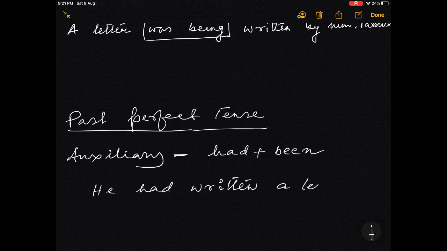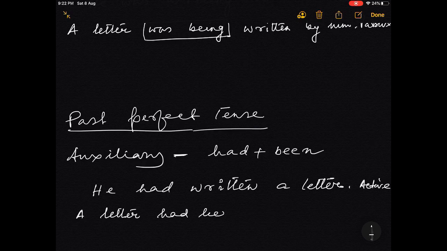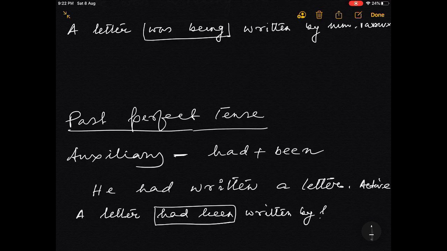He had written a letter. That is active. It will be a letter had been written, always written, by him in passive voice.